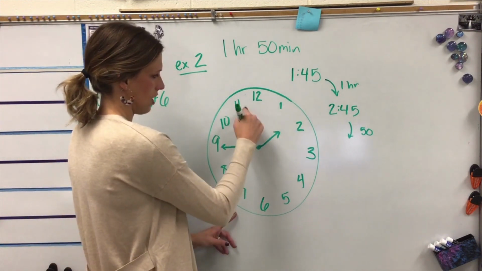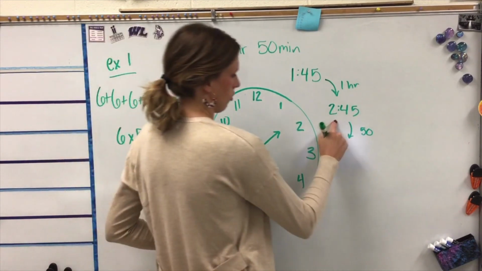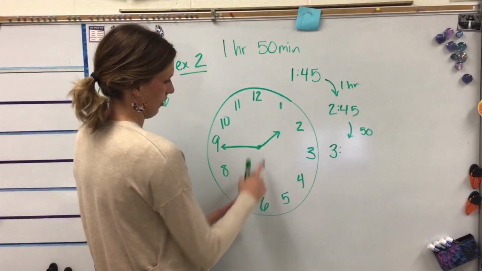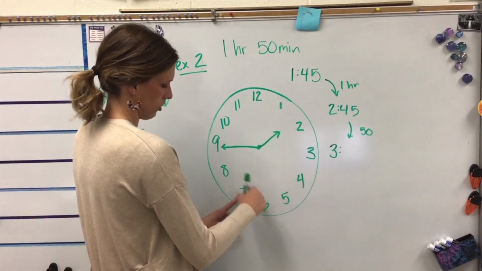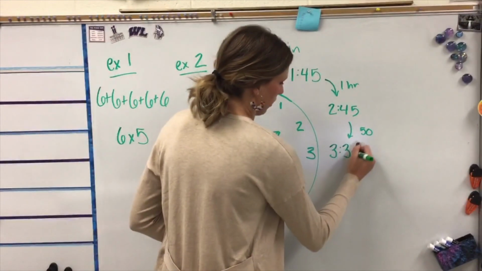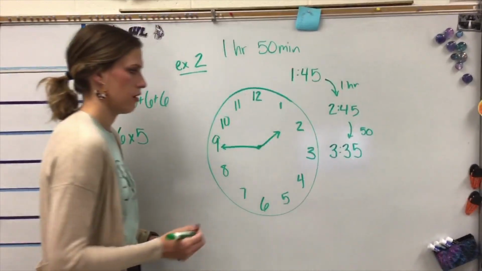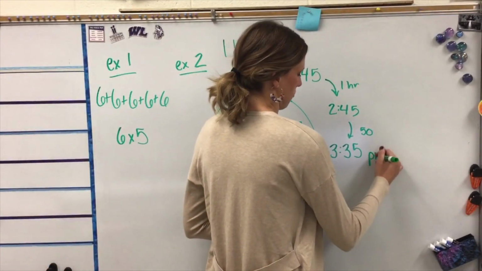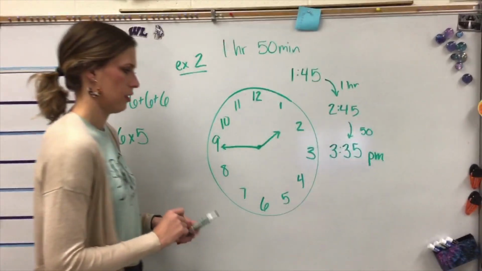Okay, I crossed across the 12, so that's going to have to go up an hour. So 3, and then what am I pointing at? I'm pointing at 7: 5, 10, 15, 20, 25, 30, 35. So it's 3:35. All right, it's in the afternoon, so I get 3:35 p.m.